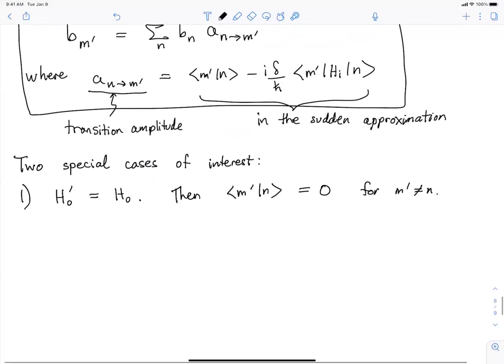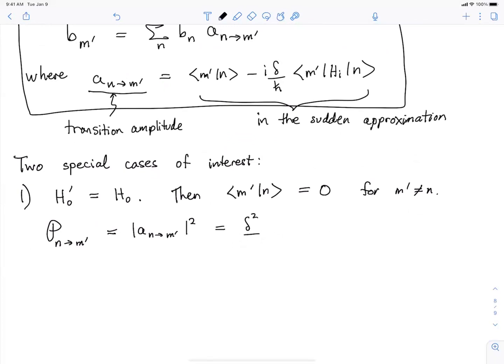Okay, and so if I ask what's the probability, in this situation, for n to go to m prime, that's the square of the transition amplitude. And since I'm able to ignore the first term when m prime and n are different, that's going to go like delta squared over h bar squared times the square of the matrix element.